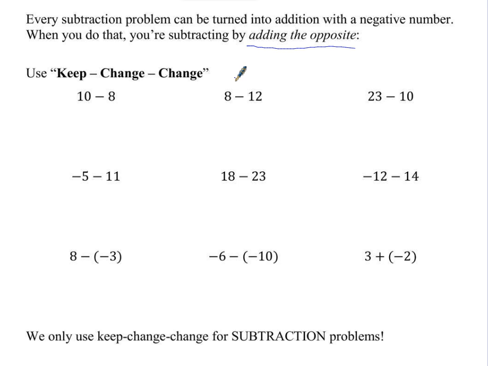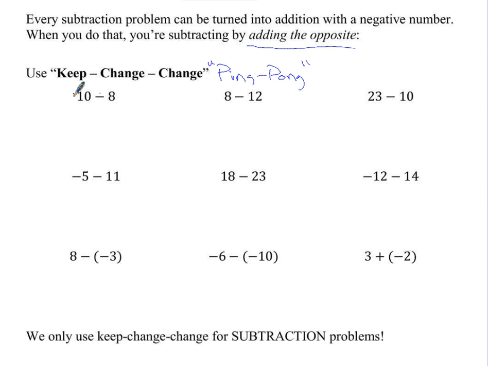There's another way you may have heard this. I've heard teachers call it ping pong. They both mean the same thing. Basically what's going to happen is you're going to turn the subtraction in this 10 minus 8 problem, which we already know is 2, into addition.